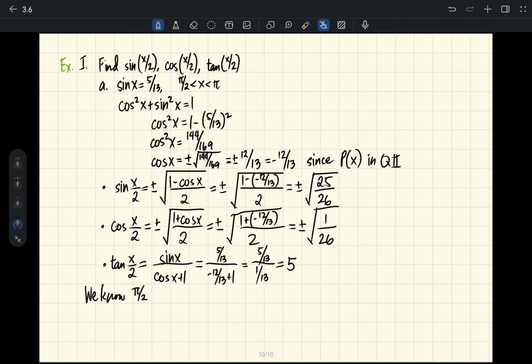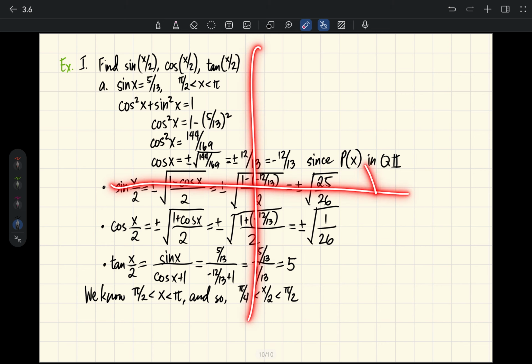x is in between pi over 2 and pi. And so, dividing this entire inequality by 2, we get x over 2 to be in between pi over 4 and pi over 2. So let's draw our quadrant again. This one corresponds to 0 to pi over 2.